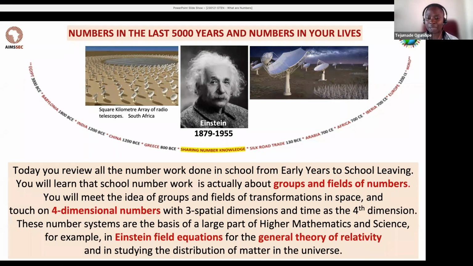This number system can help us to understand higher mathematics and even science, for example the general theory of relativity. We'll discover that the little numbers 1, 2, 3 that we started with contribute to bigger theories that are used in developing technology and science.